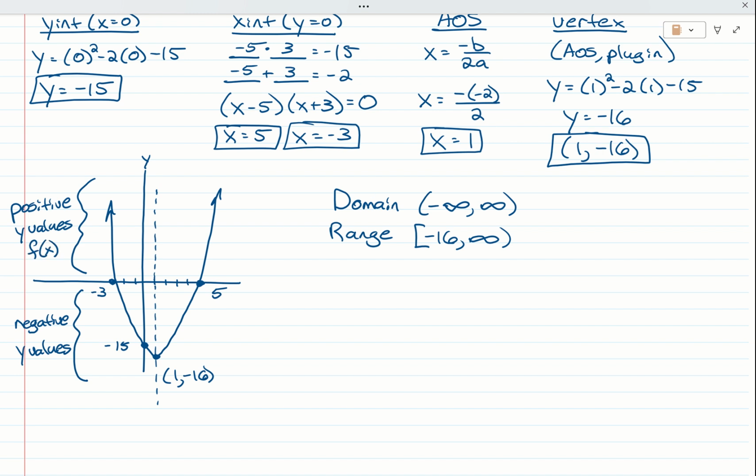We know that f of x and y mean the same thing. So one thing I could ask you is where are the zeros of this graph? Remember, zeros, x-intercepts, and roots all mean the same thing. And we already found those to be negative 3 and 5.